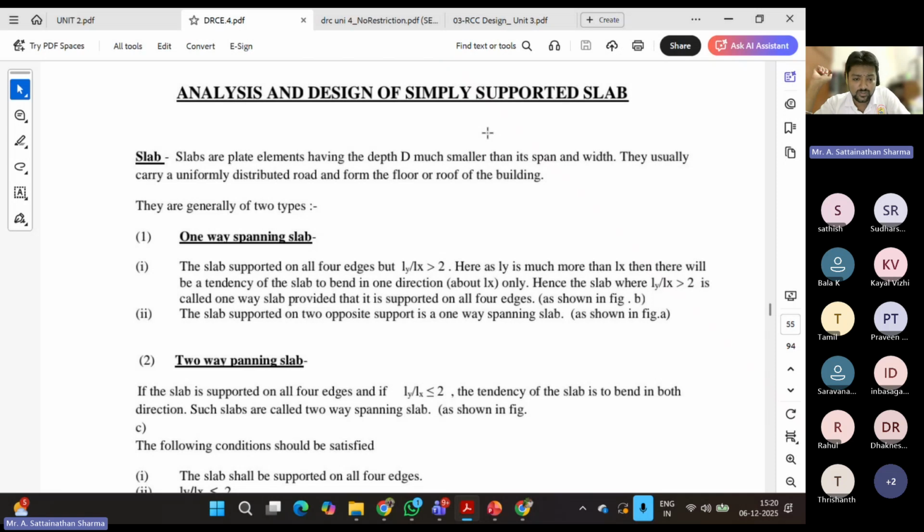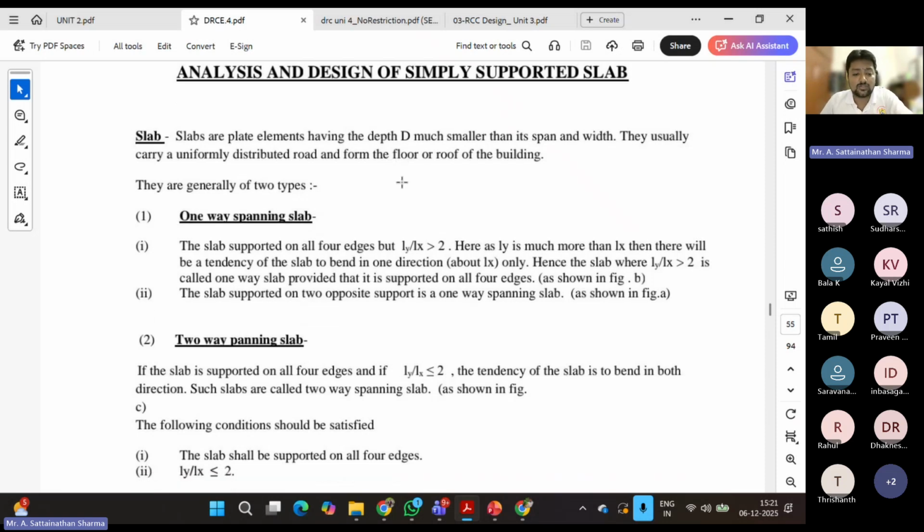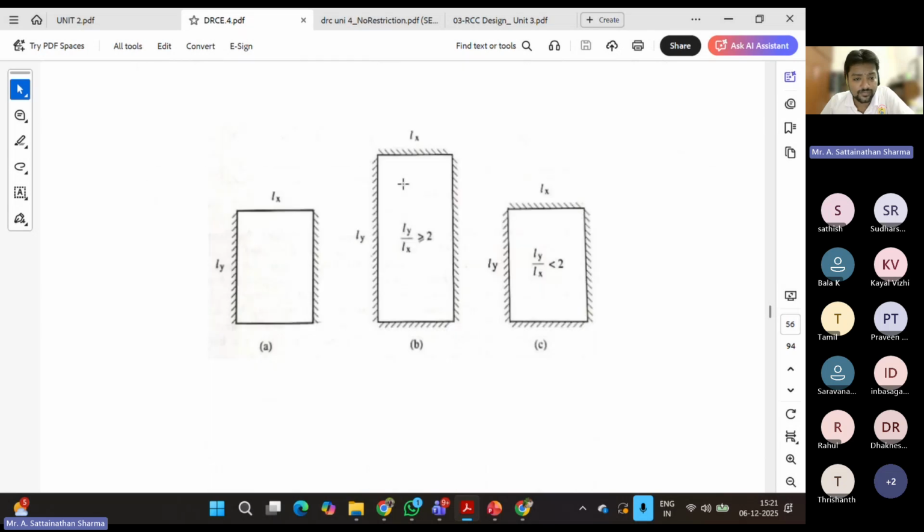So what type of support the slab is given, and what is the spanning ratio, Ly by Lx greater than 2, less than 2, or equal to 2. This is what you first have to understand in slab design. You can identify this from the question itself. Once you're clear with that, you can proceed further.